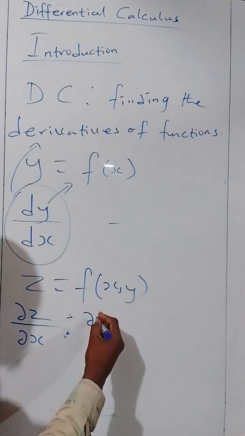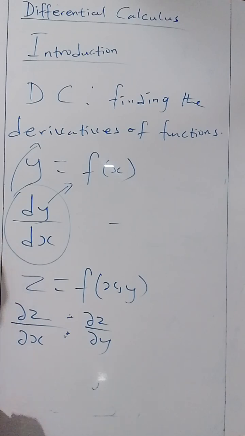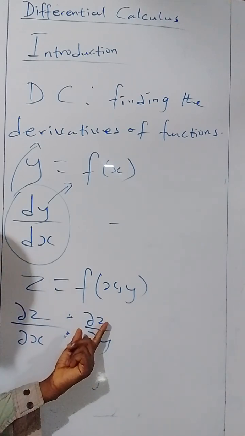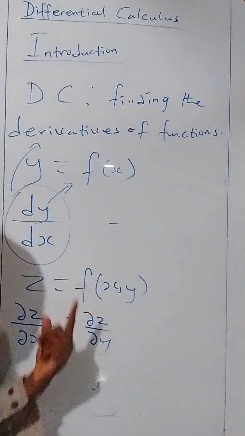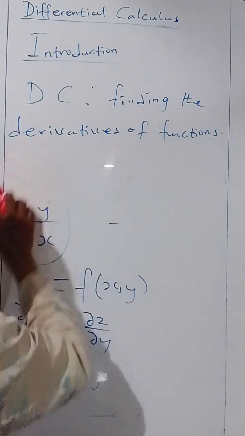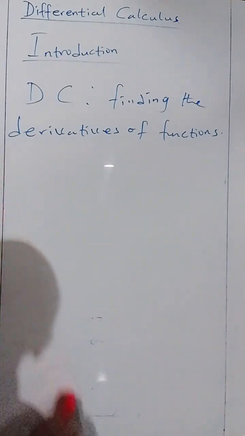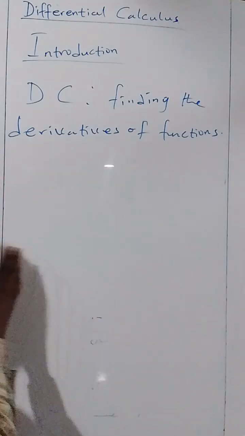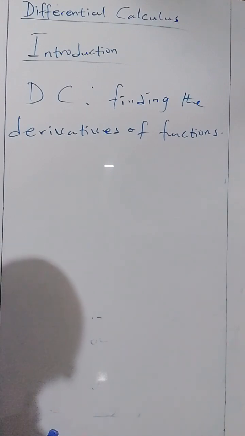Also, we can have the partial derivative of z with respect to y, which measures the rate of change in z with respect to a unit change in y. So in all, when we are talking about derivatives, we are talking about finding the rate of change in the dependent variable with respect to a unit change in the independent variable.